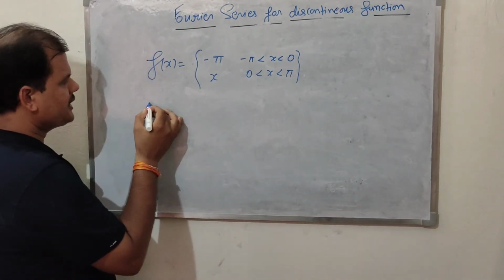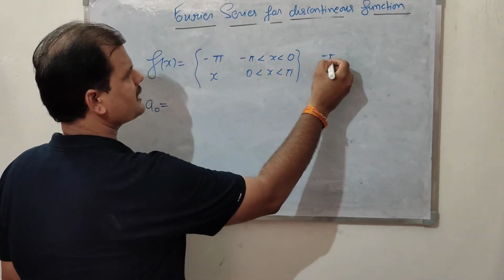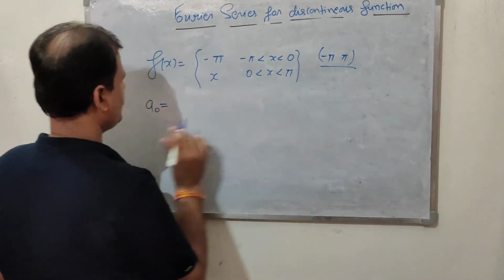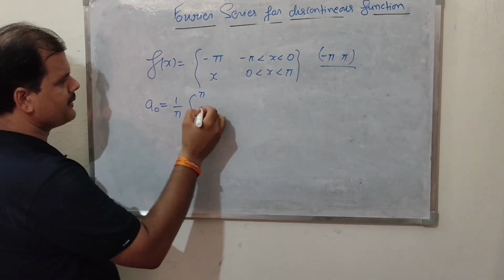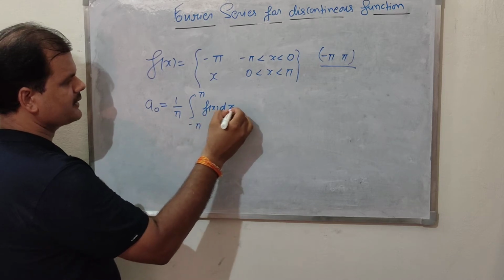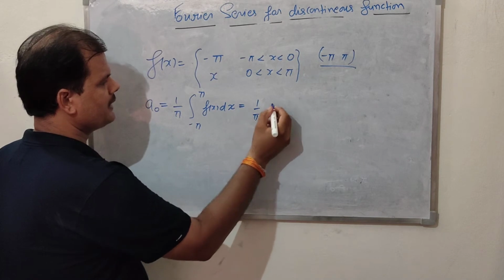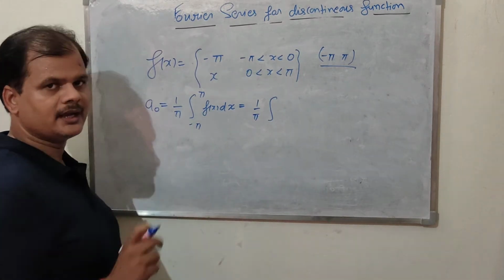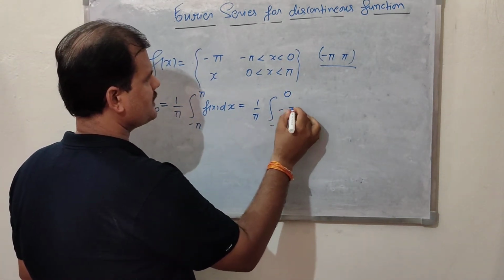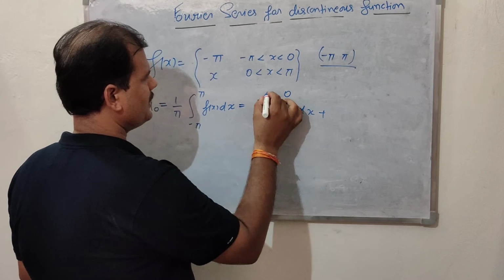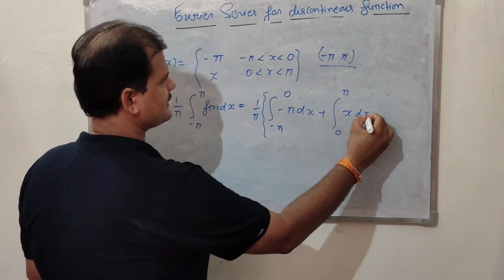So let me write a0. This is defined from minus pi to plus pi, so a0 equals 1 by pi, integral from minus pi to plus pi of f(x) dx. Now we have to break at 0, so we have 1 by pi, integral from minus pi to 0 of minus pi dx plus integral from 0 to pi of x dx.